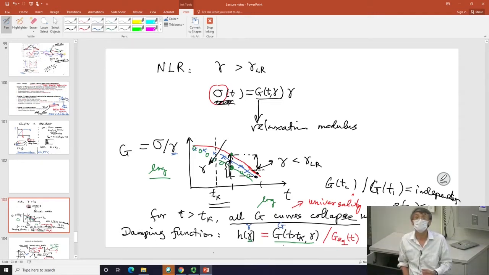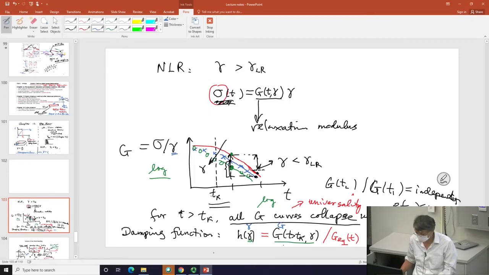I get another shift, right? And I'm going to then plot this H as a function of gamma. Fair? You can understand that this, by definition, the way I present it is going to be smaller than 1. Because that's what data shows me. Meaning every curve is below my red curve. Okay?